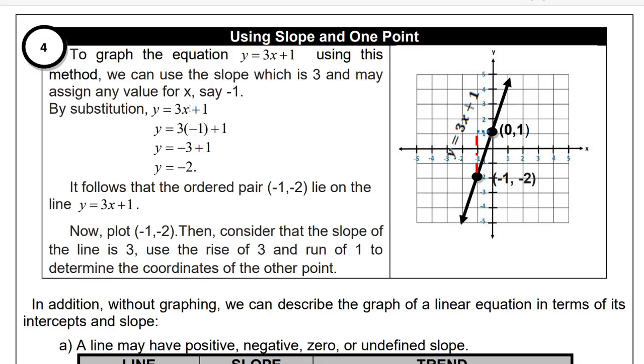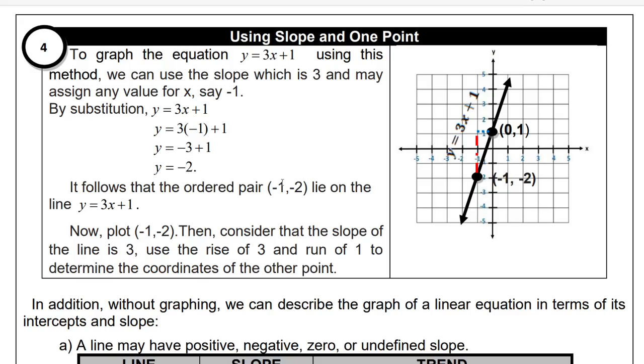So let's say when your x is negative 1, therefore 3 times negative 1 will give you negative 3 plus 1. Negative 3 plus 1 is equal to negative 2. Therefore, you have an ordered pair. When x is negative 1, your y is negative 2.